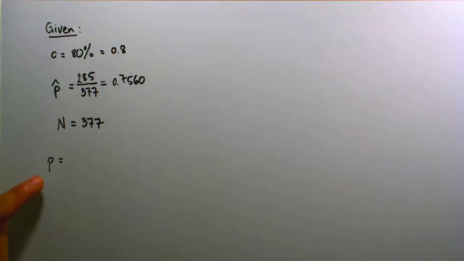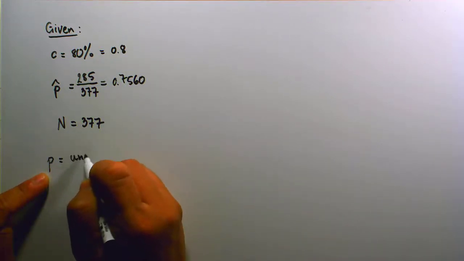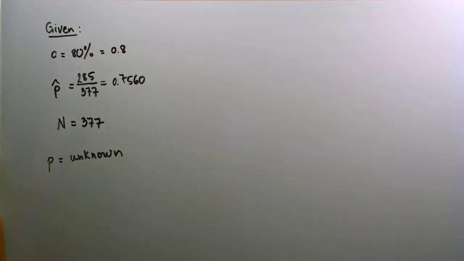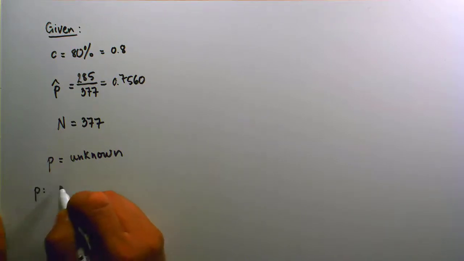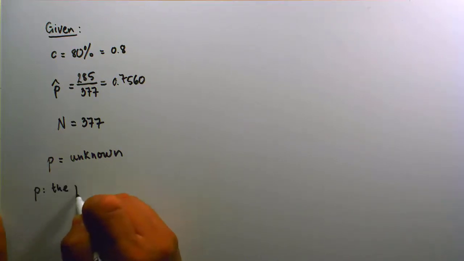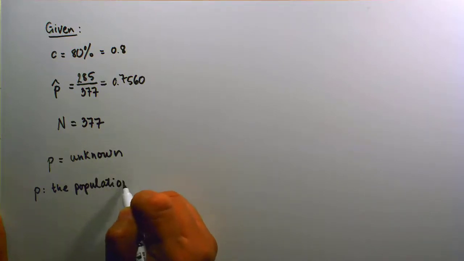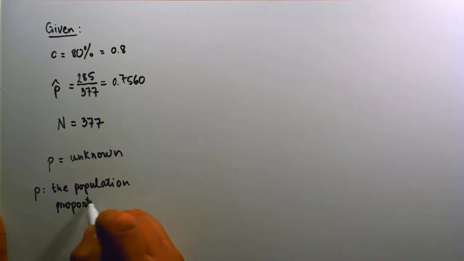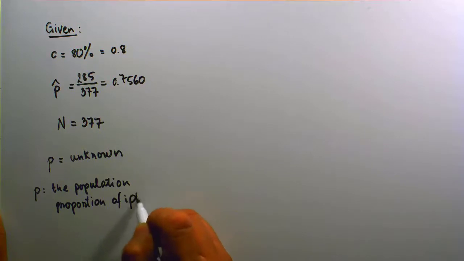So this true proportion, or in other words, the population proportion, is unknown. And that is the population parameter to be estimated, and p here is the population proportion of iPhone users.